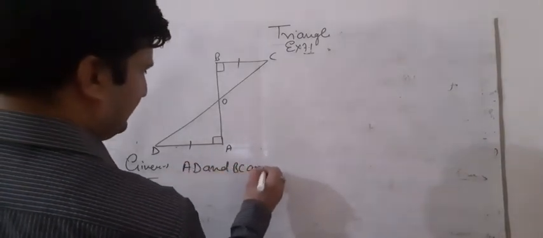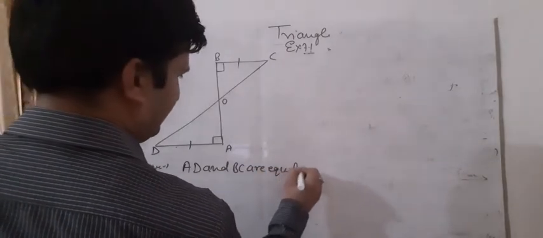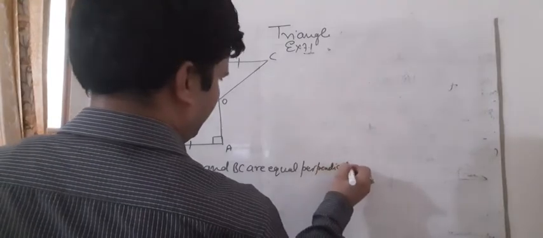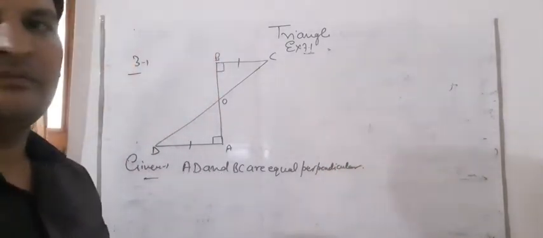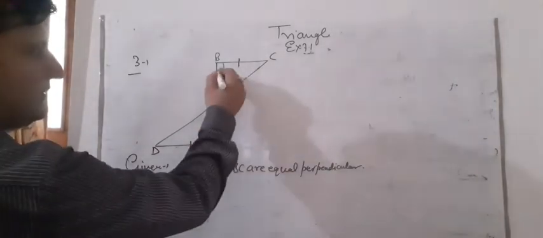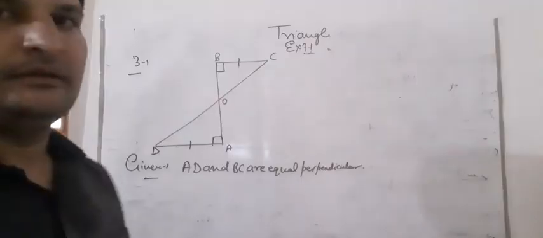Equal perpendicular means students these two are equal, and perpendicular means they will make a 90-degree angle with each other.